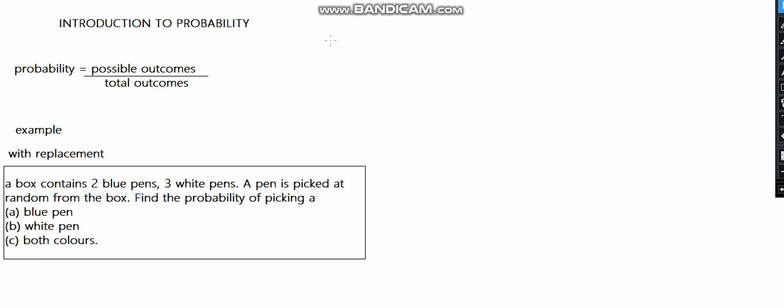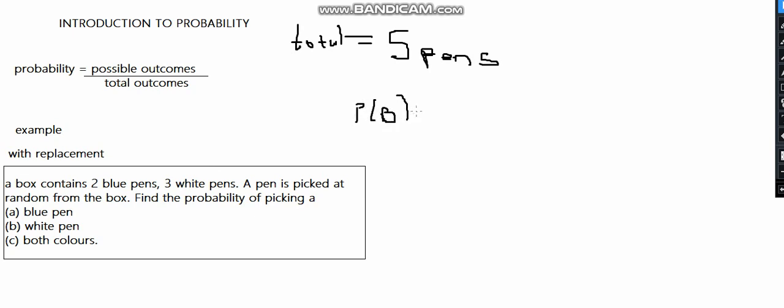So we need first to find the total number of pens in this case. The total number of pens which you have is 2 plus 3, which gives you 5 pens. We have a total number of 5 pens. So to find the probability of a blue pen, the probability of blue pens is equal to possible outcomes of blue pens.